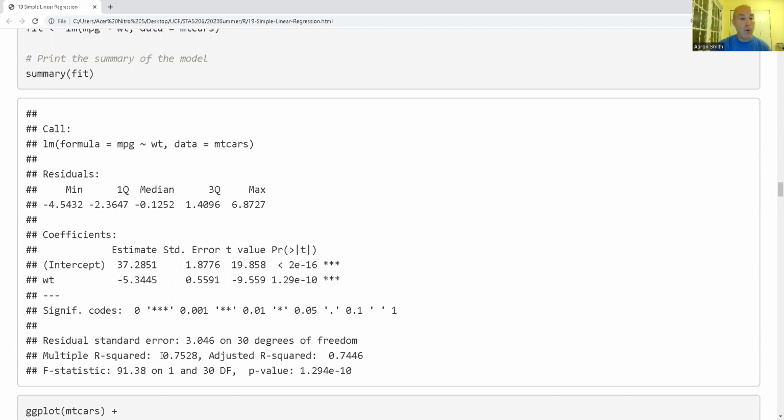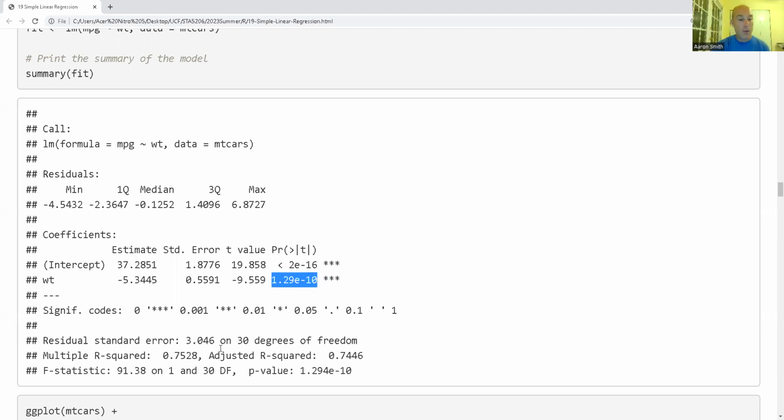Here is my R squared, here's my adjusted R squared. These are relatively close, so I don't think I have an overfitting problem. My hypothesis test for the intercept using the t-test is statistically significant. My t-test for the slope is statistically significant.